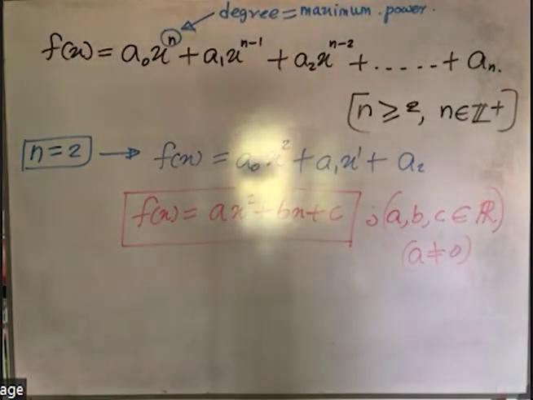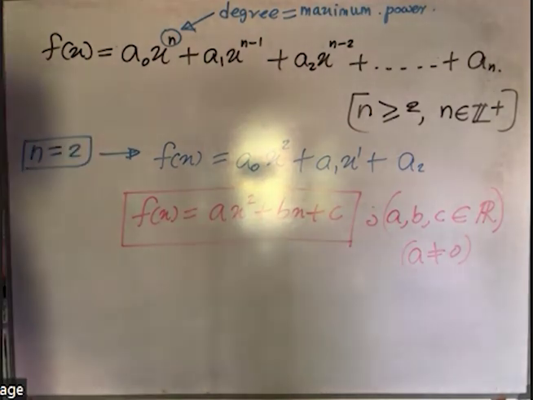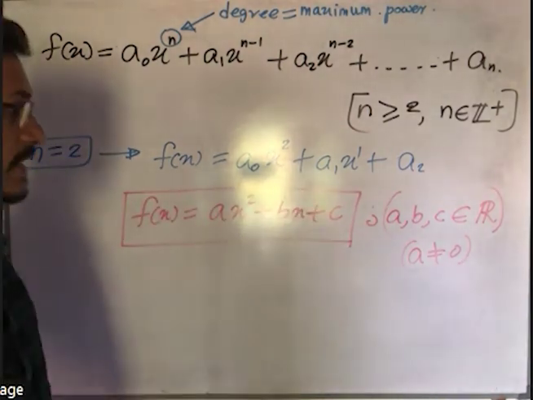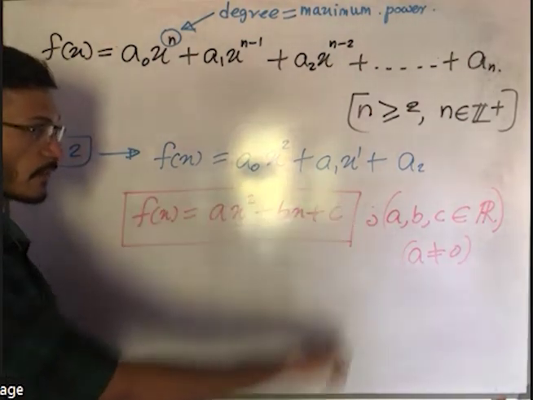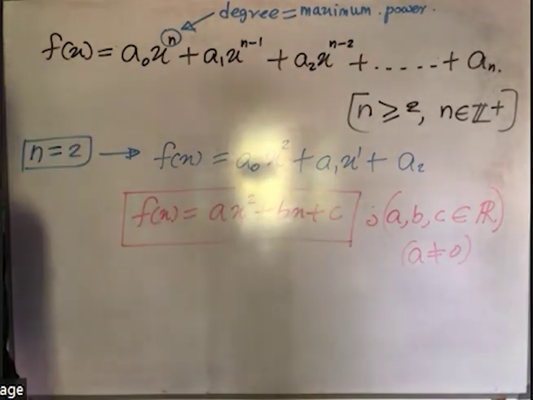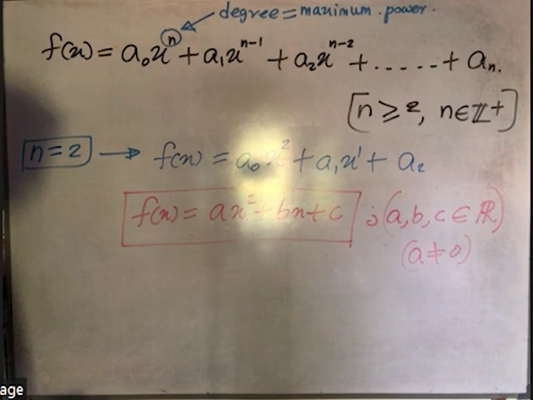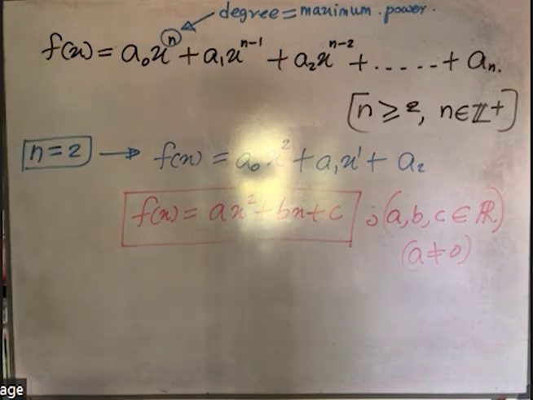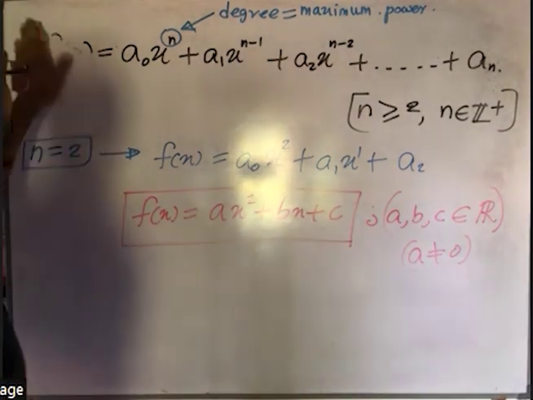So here we use this standard format to simplify the problems in this lesson. An important technique that we use in this lesson is the completing the square method. We use the completing the square method to simplify or factorize a quadratic function.